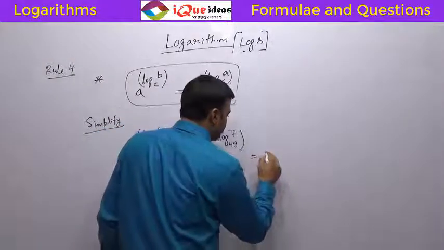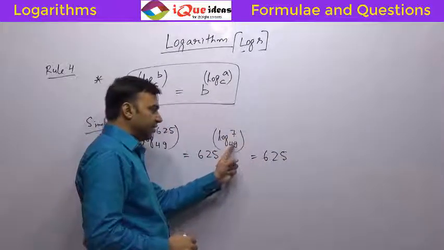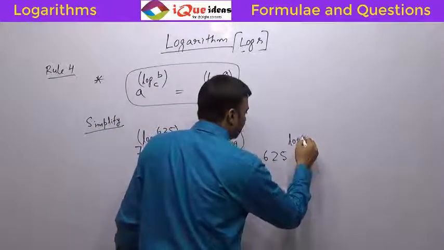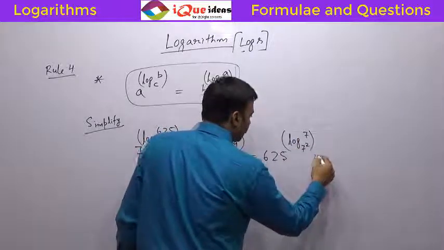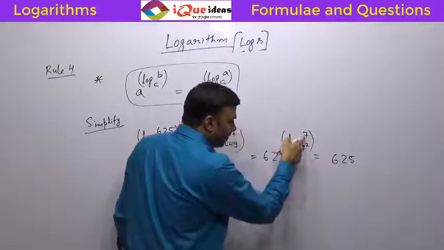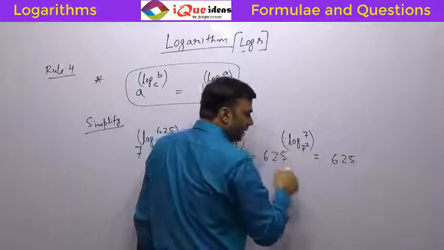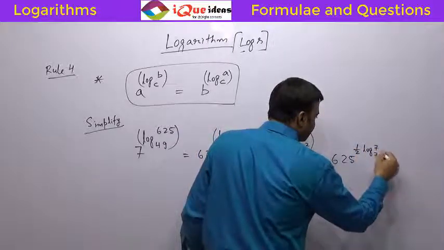Now here, 7 is raised to 1 and 49 is 7 raised to 2. So I can write it as log of 7 to the base 7 square. So this one becomes 625 to the power, and from here this 2 comes out in the denominator, so it becomes 1 by 2 log 7 to the base 7.